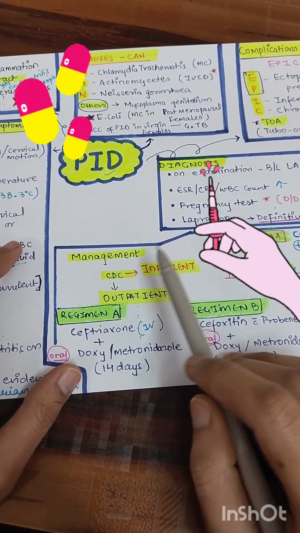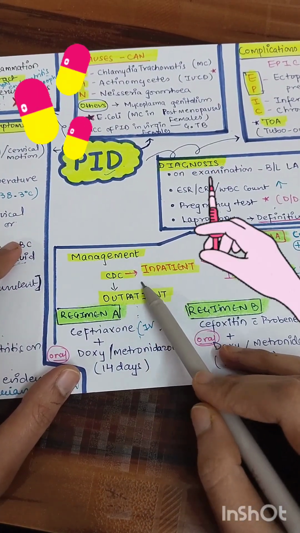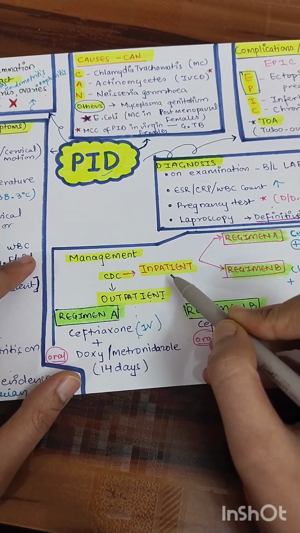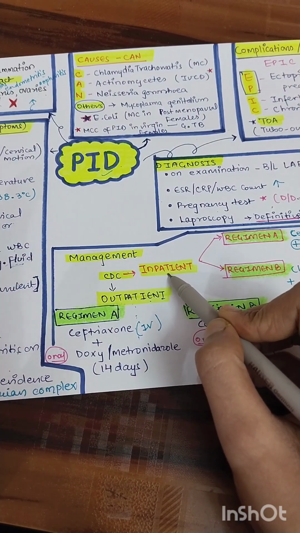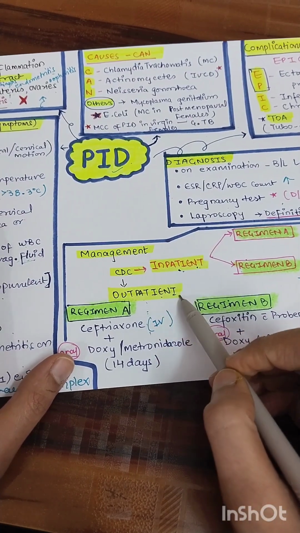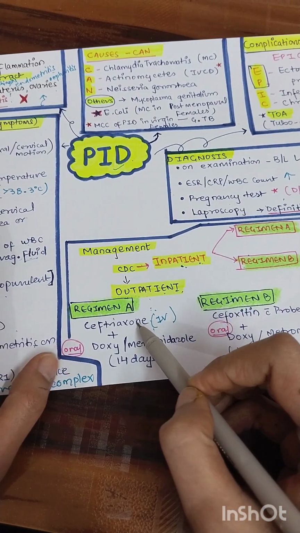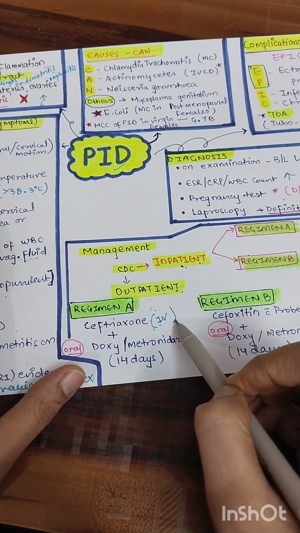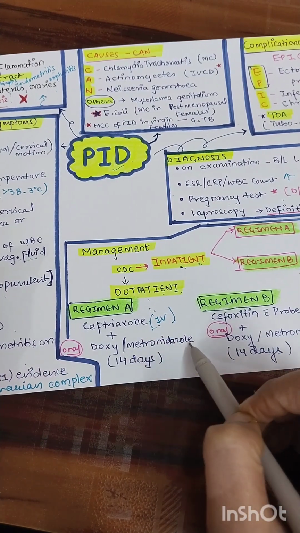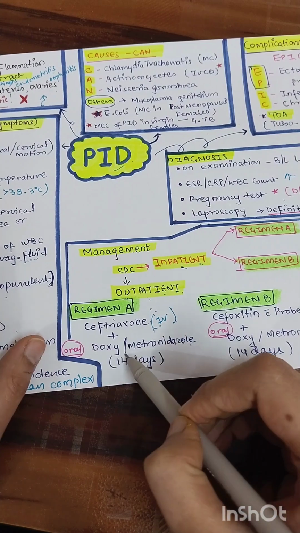Then management. According to CDC criteria, you can treat the patient on an outpatient basis or inpatient basis based on the severity of symptoms. So outpatient, regimen A, in which we have to give ceftriaxone by IM route followed by doxycycline with or without metronidazole for 14 days, which is oral.